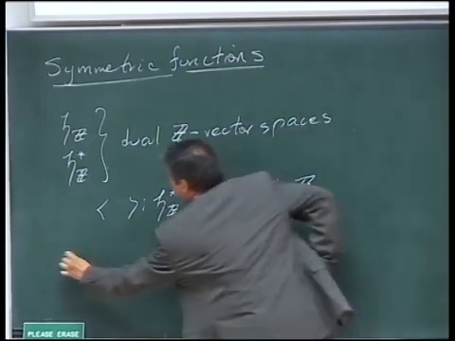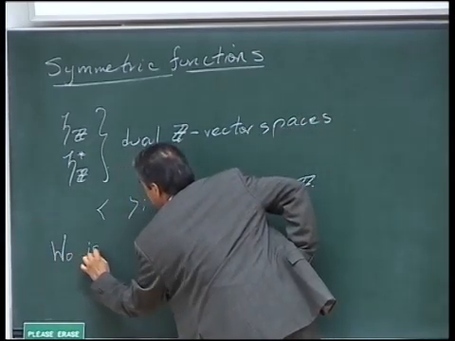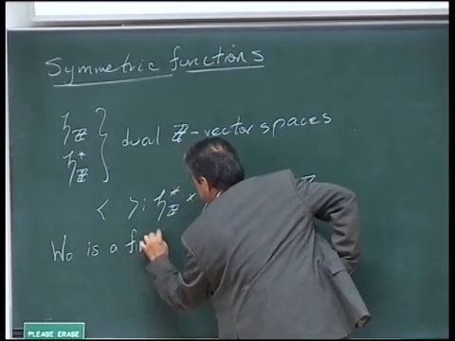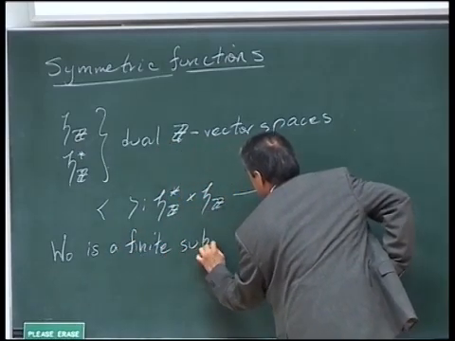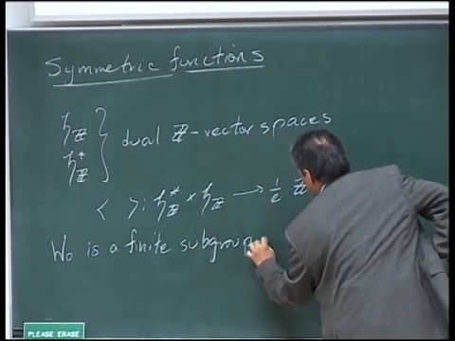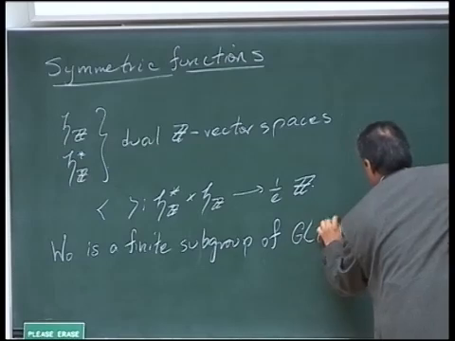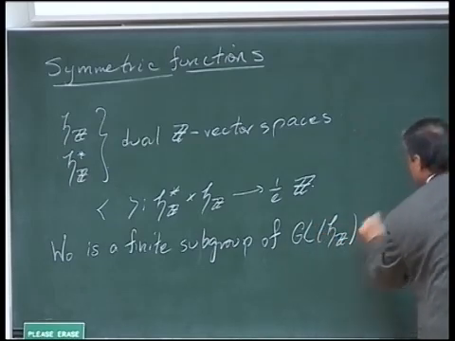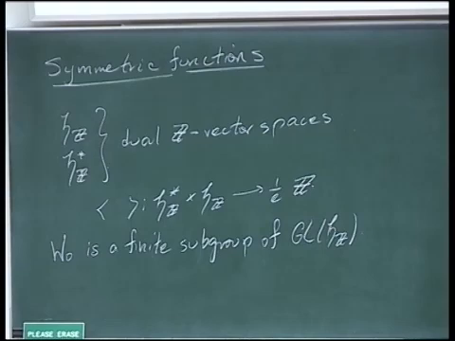And W naught is a finite subgroup of GL(h_Z), so it has integer entries this time.